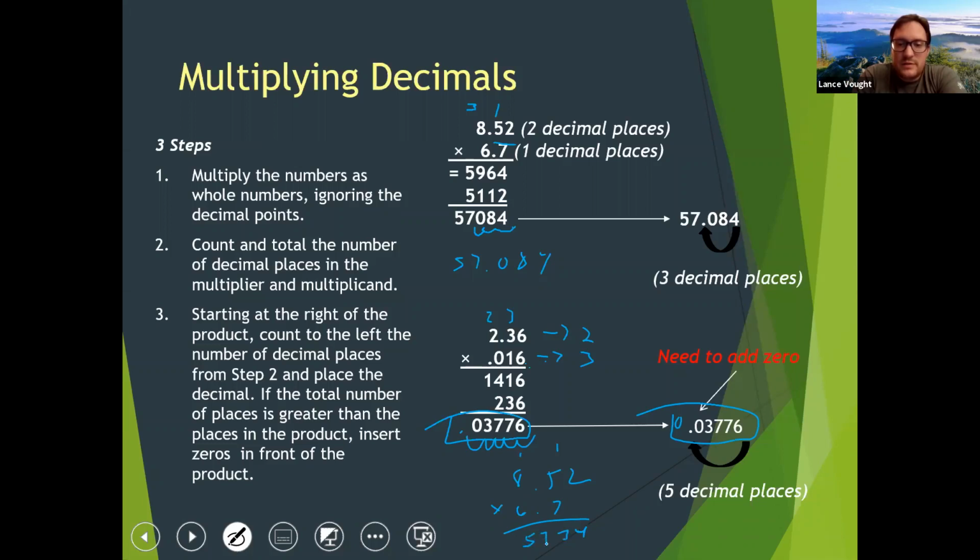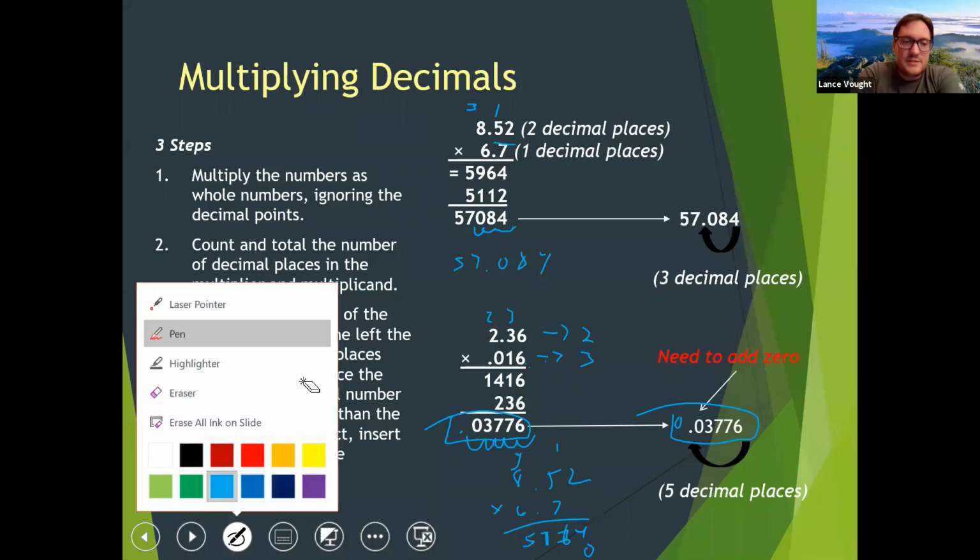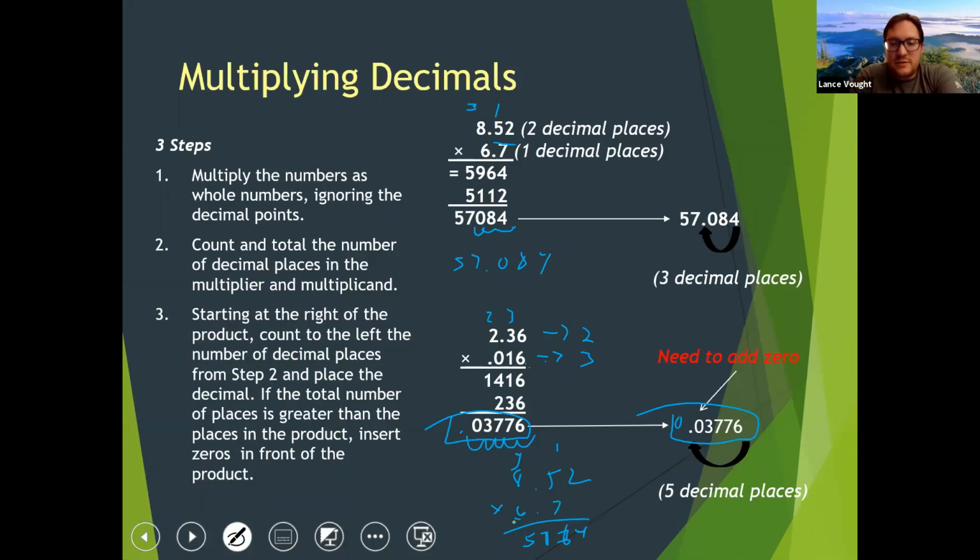I did that wrong. 7 times 5 is 35, 36. 7 times 8 is 56, 59, 64. And then the standard always was to drop a 0 down because you're in a different place. But the reality is you're not, because there's no 10s here. It's actually just 1.